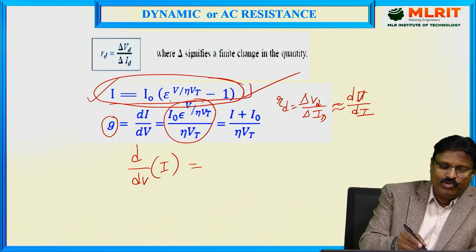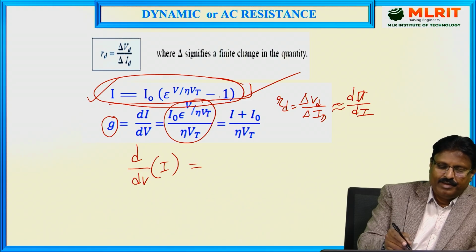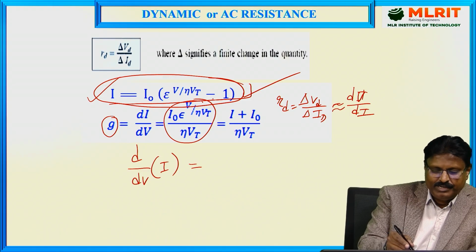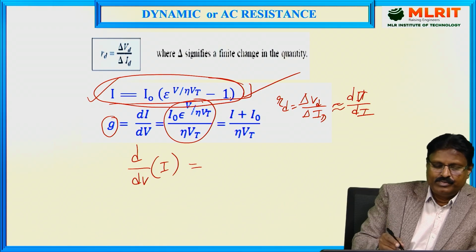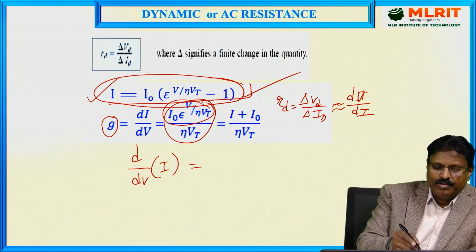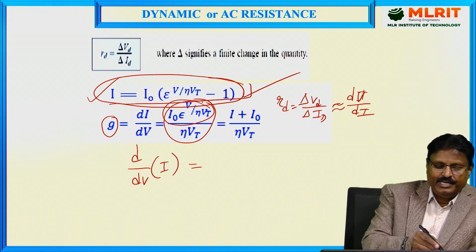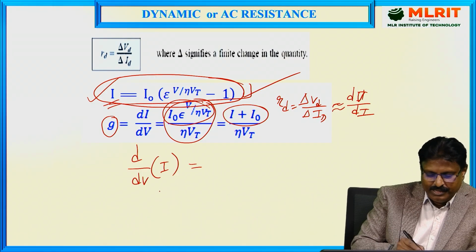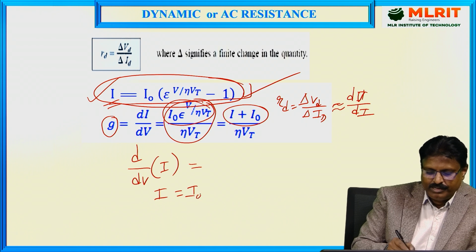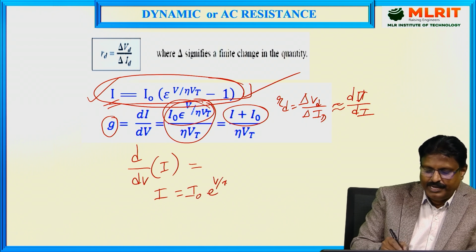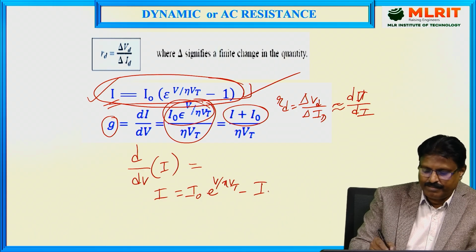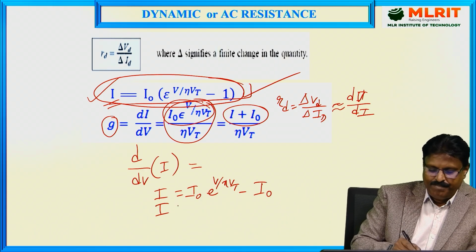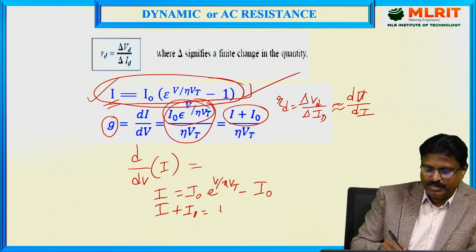You know this equation: I is equal to I naught e to the power of V by eta Vt minus I naught. So I plus I naught is equal to I naught into e to the power of V by eta Vt.